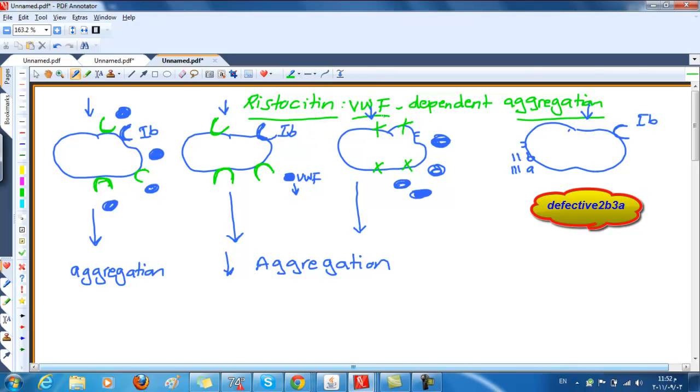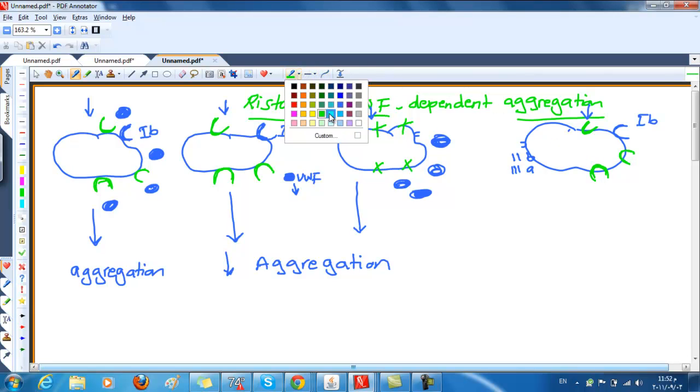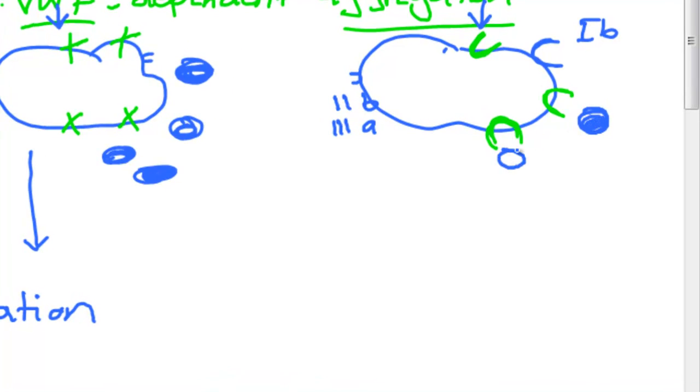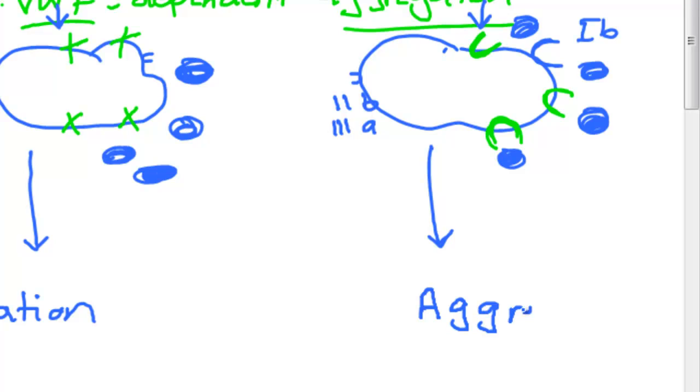When you add Ristocetin to this case, you will have more and more glycoprotein 1b receptors, and also because you already have von Willebrand factors, you will not have problems with binding von Willebrand factor to receptors, so the aggregation will be what? Will be normal, like the first case.